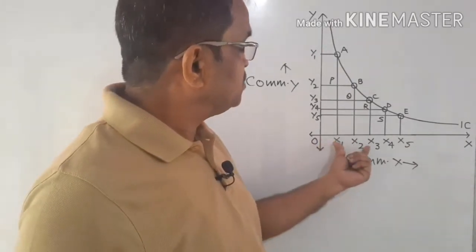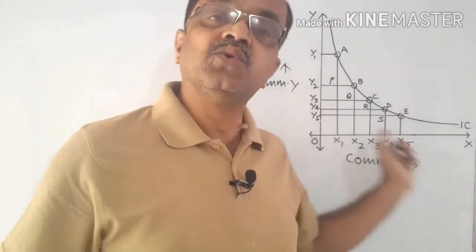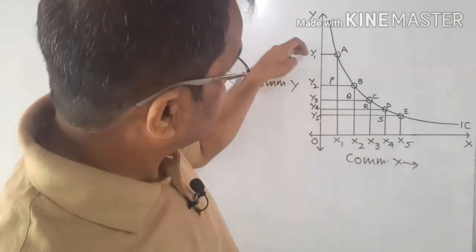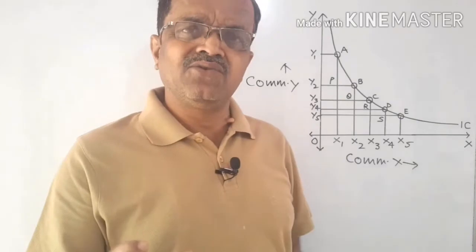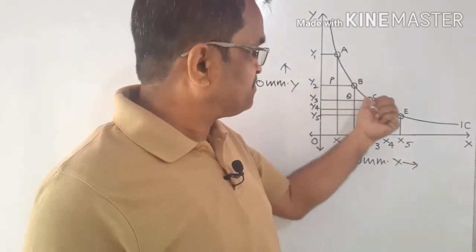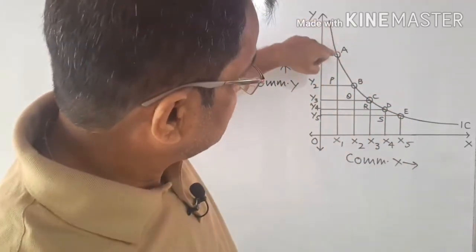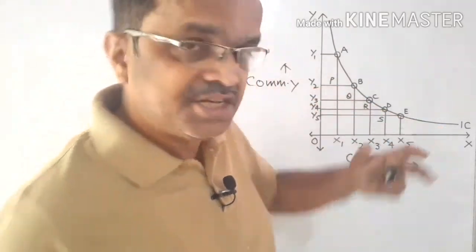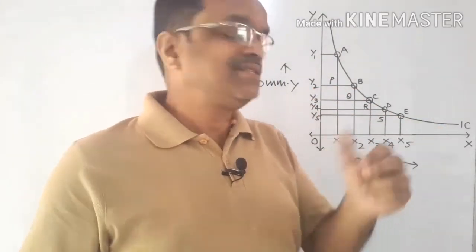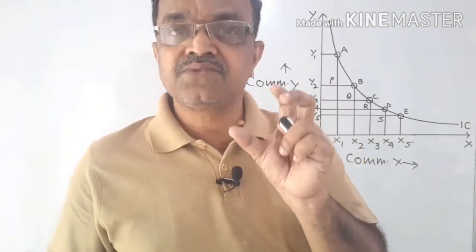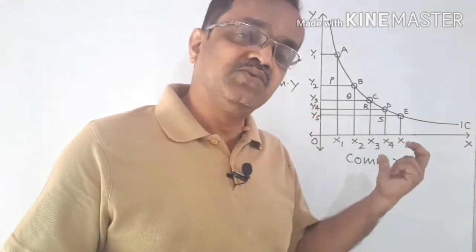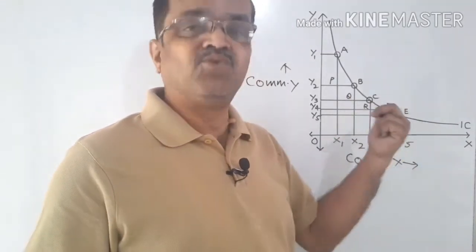That the units of commodity X go on increasing, whereas the units of commodity Y go on decreasing. Now let's find out the slope at the various points. A, B, C, D, E are the points that lie on the indifference curve and show the combinations of the two commodities at these points.